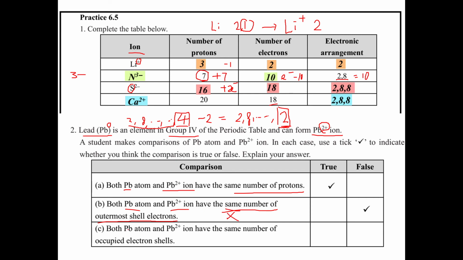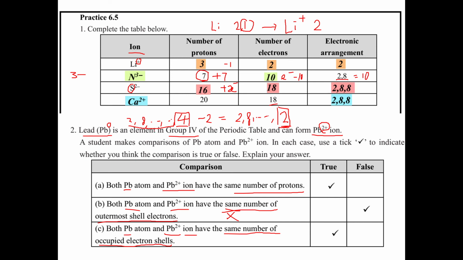The last one: both lead and lead-2 ions have the same number of occupied electron shells. Looking at lead, it should be 2, 8, 18, 4, and for the next one, 2, 8, 18, 2. So they have the same number of occupied electron shells.